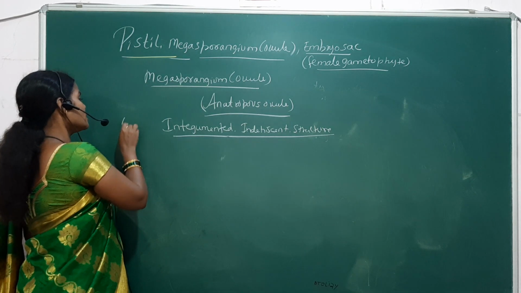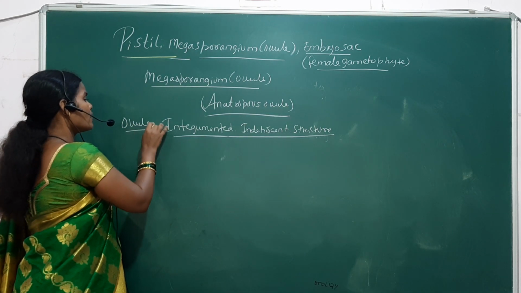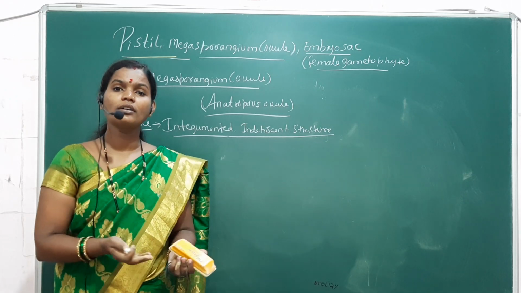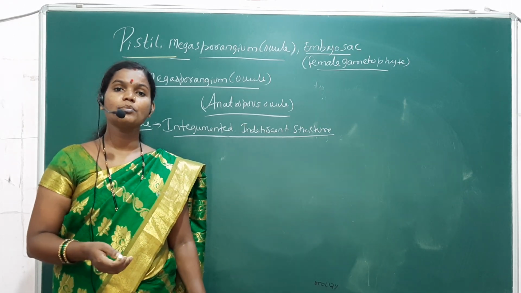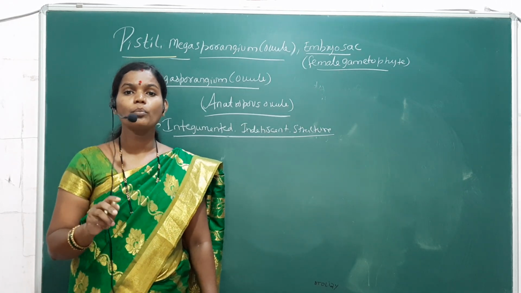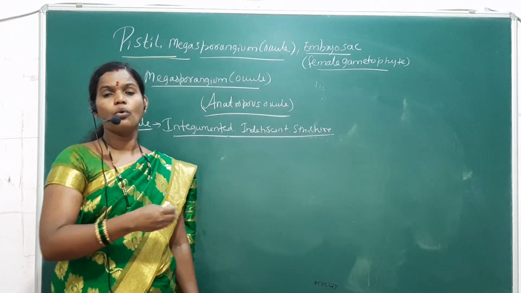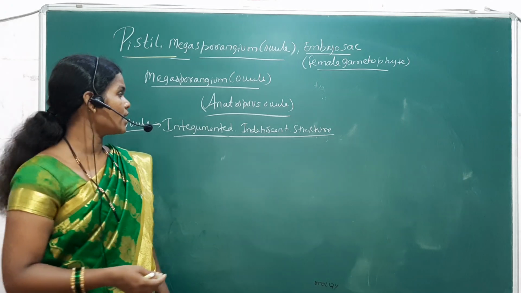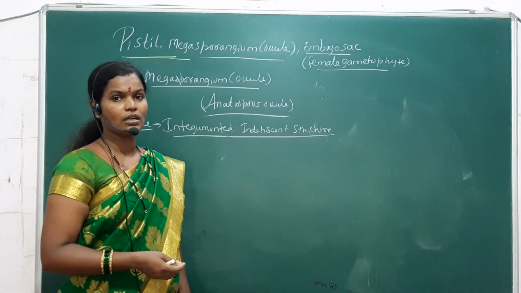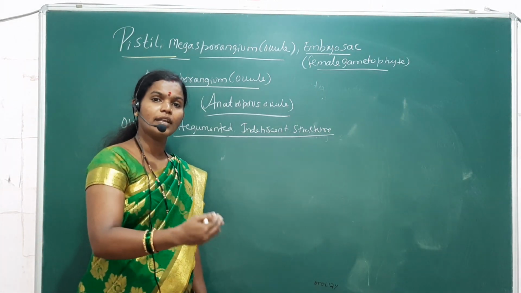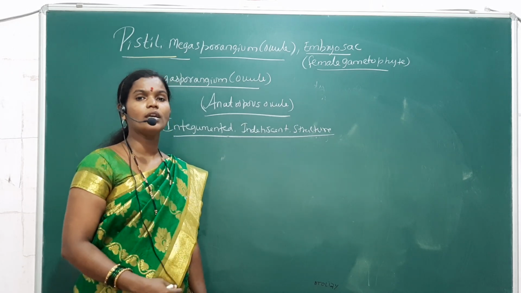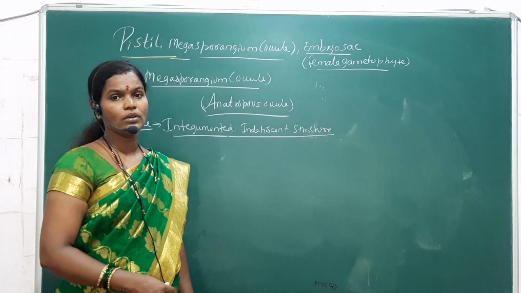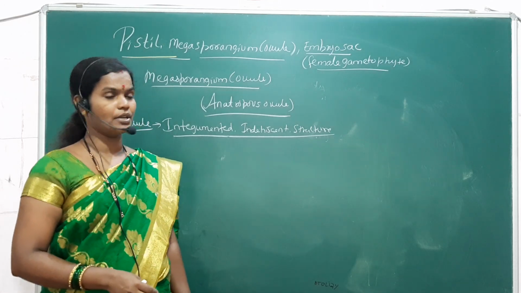That is, presence of covering. Indehiscent means what? It is not opening by itself. The ovules are not opening by themselves. That is called indehiscent, and it is a structure. That means integumented indehiscent structure. Okay, so that is the Megasporangium or ovule, or anatropous ovule we can say here.